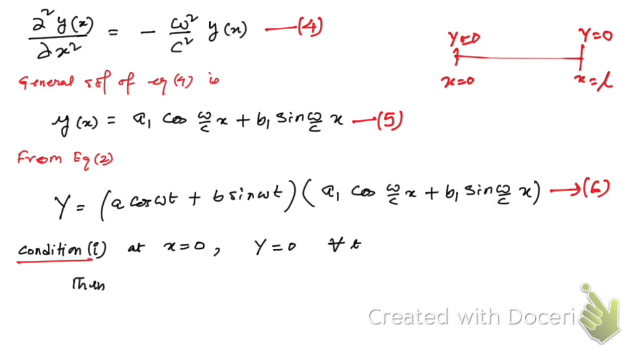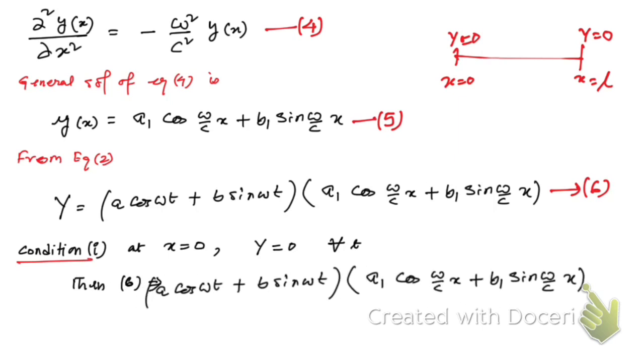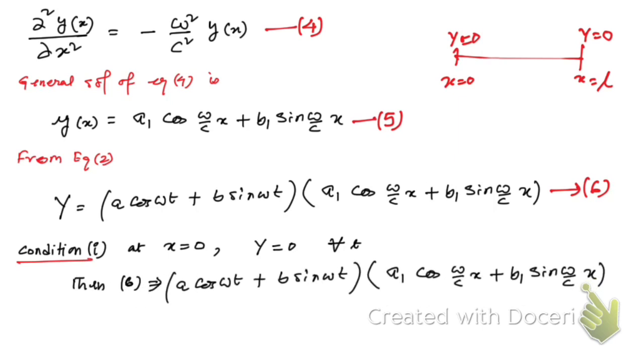So that then this equation number 6 becomes, for this condition, let me copy this instead of writing each and every time again and again. Okay, we can write this is equal to 0, right? This is equal to 0. So where it is 0, at x is equal to 0, so we can replace this x by 0, right?